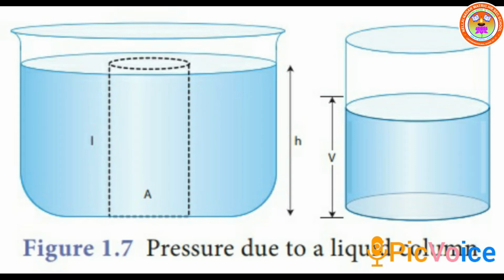The density of the liquid column is rho. The height of the liquid column is small letter h. In other words, the depth of the water from the top surface is h, which is shown in the figure. Volume is V.